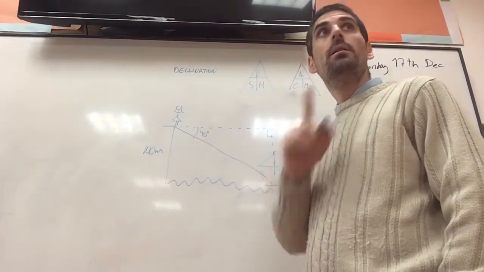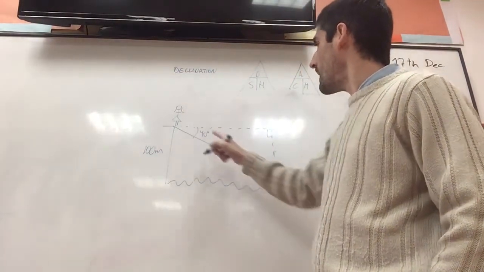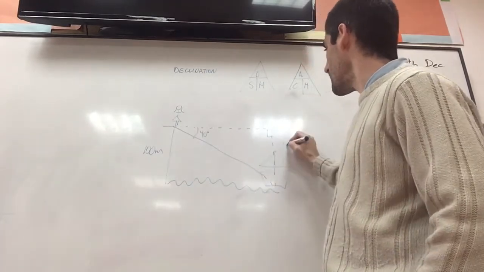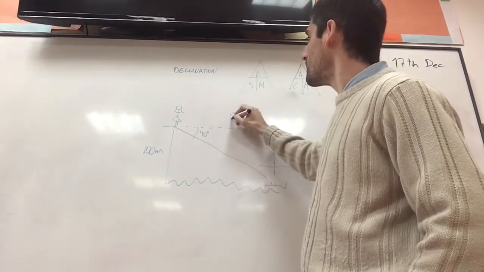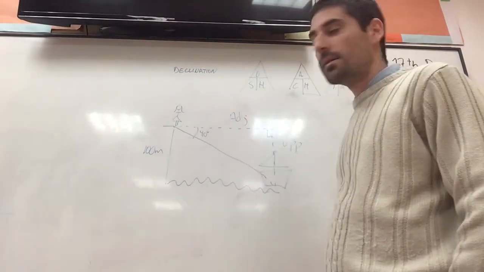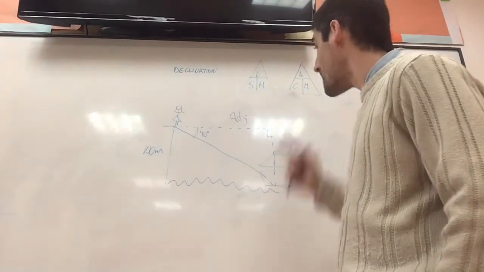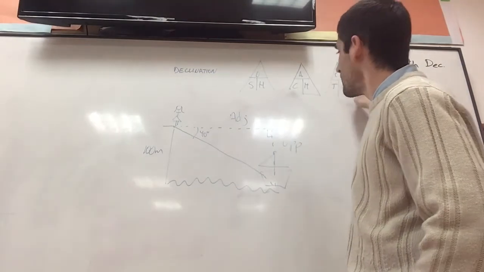So if we label the sides again, this is going to be the same as that, so this is the opposite, and the distance away from the cliff is going to be the adjacent. So I need to figure out again which formula triangle I need to use. I want to find the adjacent side, so it's either going to be that or that.